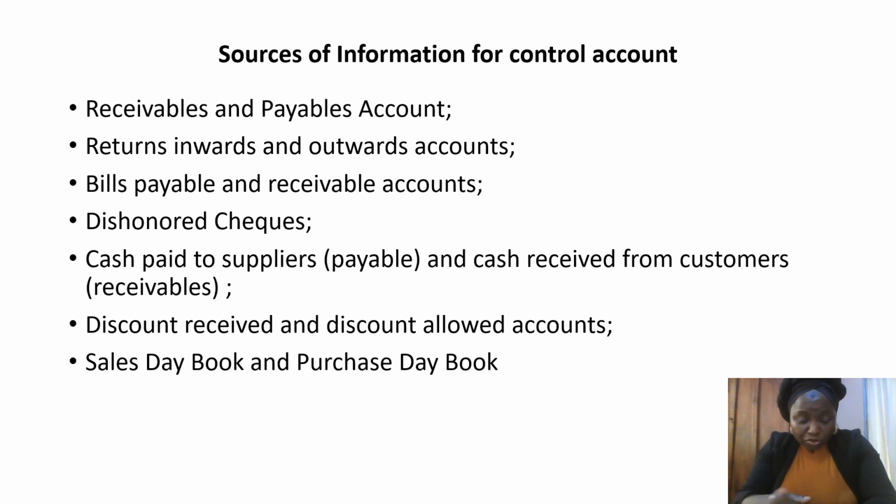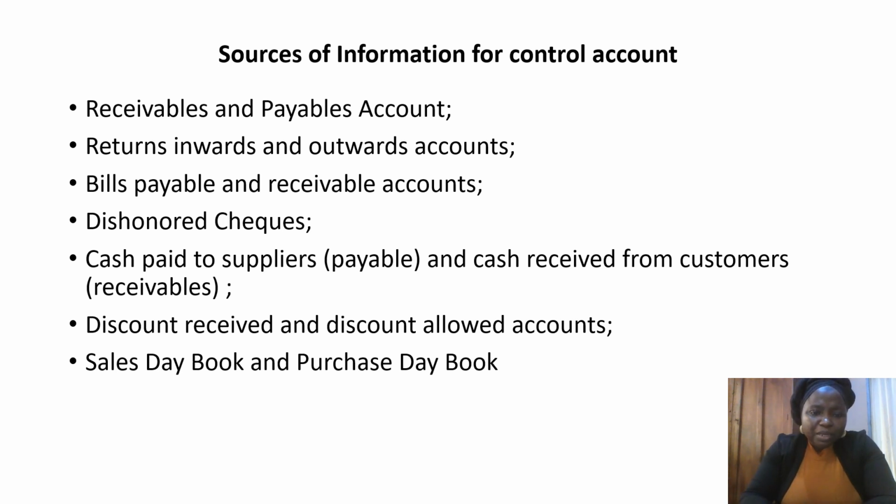When goods are sold to a customer, it is possible after a while that the customer returns part of the goods for different reasons. So when that happens, the returned items are taken under return inward. And it is equally possible for a business to purchase certain items or goods from outside and have to return some. When it happens, we refer to it as return outward.